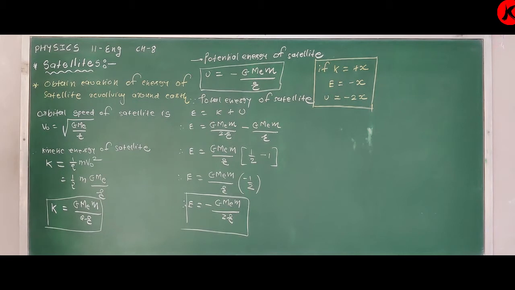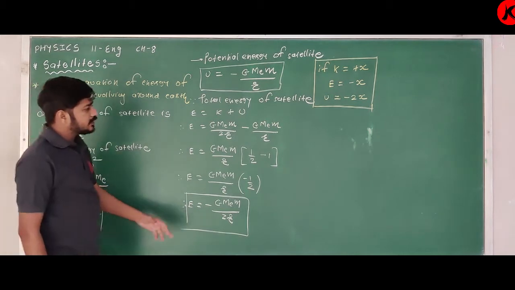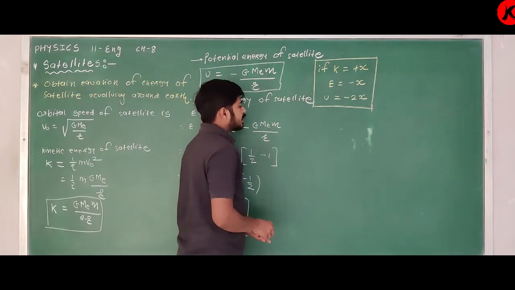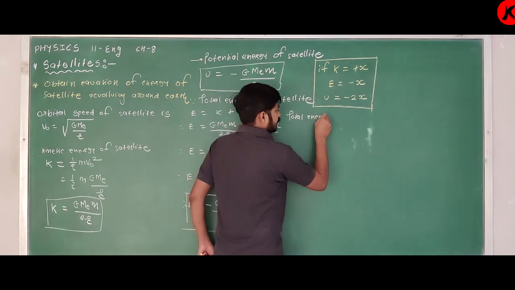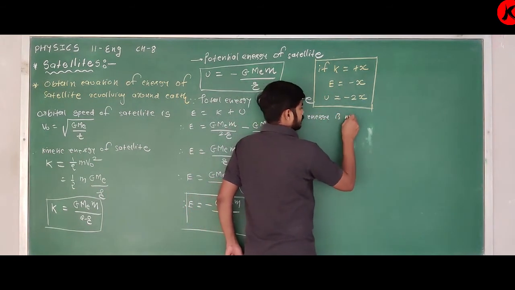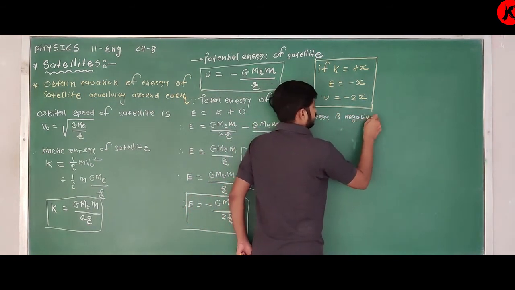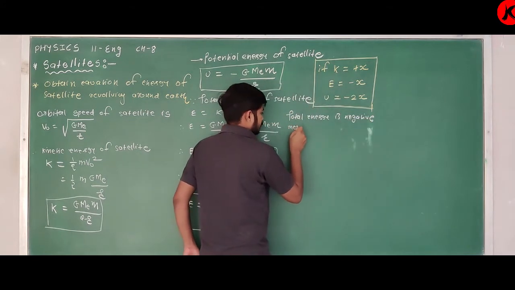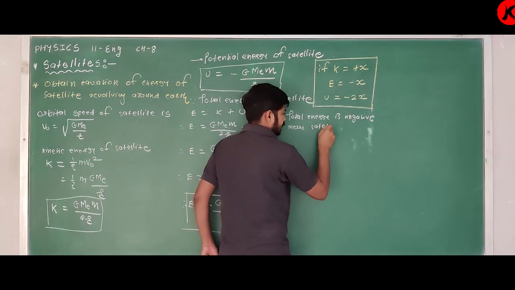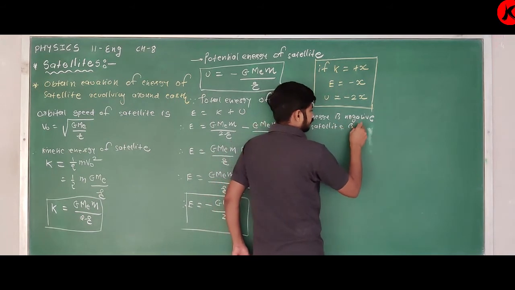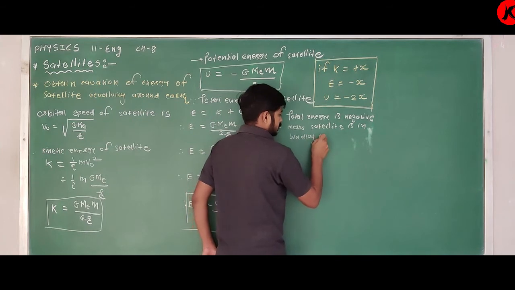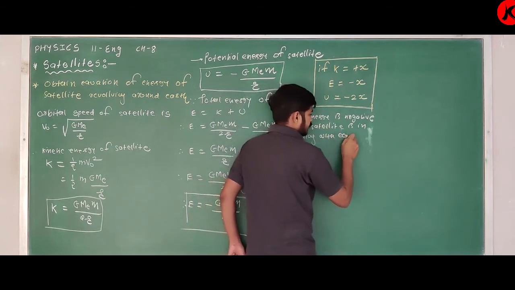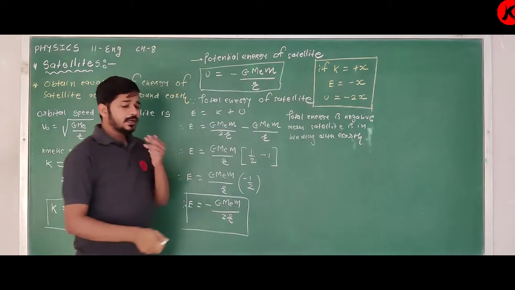So it is the second theory, that is obtain equation of energy of satellite revolving around Earth. E is negative, total energy is negative, means satellite is in binding with Earth. Clear?